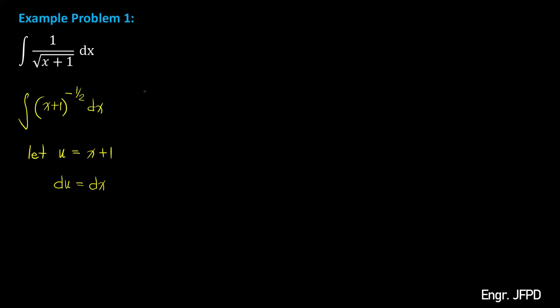And after that, let's now try to rewrite our equation in terms of the u and the du, wherein our function is the same as taking the integral of the x plus 1 is equal with u. This is now u raised to -1/2.